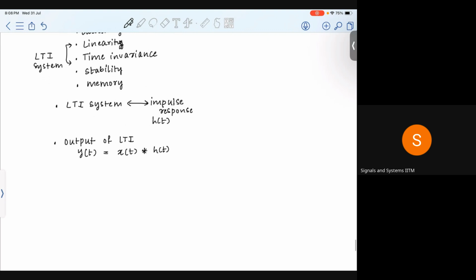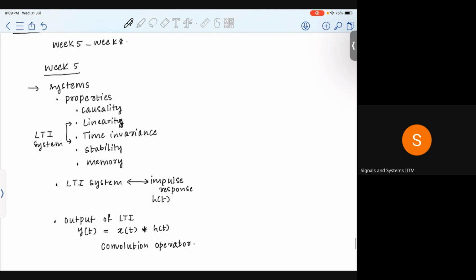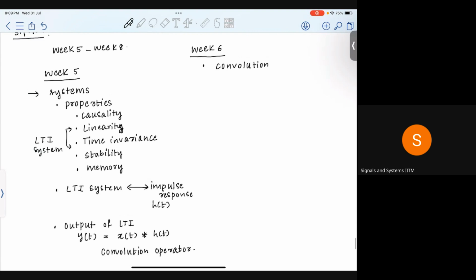This is where we have seen something known as the convolution operator, which is an important operator, right? And in week 6 we tried to learn more about this operator.